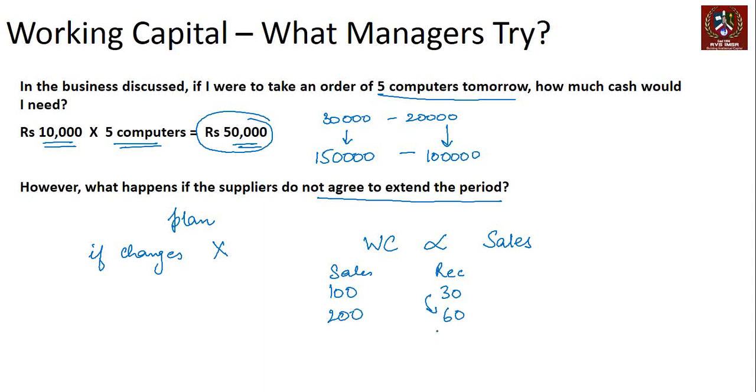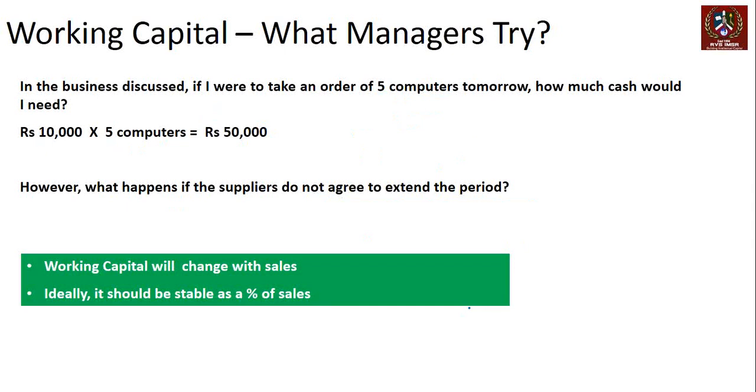Right? That's logical because you're selling more. If it changes from 30 to 80, then you would be worried as to why are receivables increasing, right? More on that later, but broadly, you will expect that working capital will change with sales even if it is positive, and ideally, you would want to keep it stable as a percentage of sales.